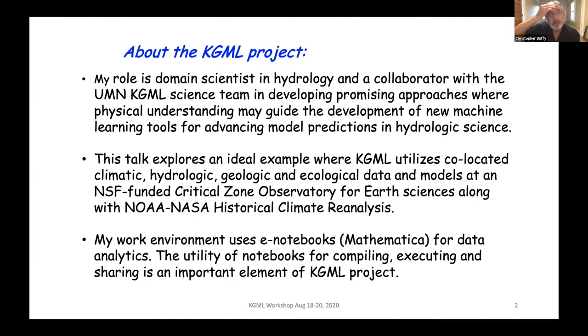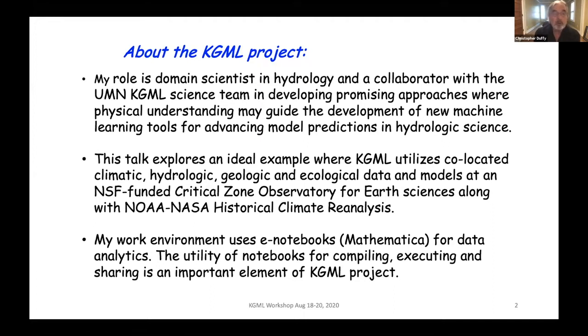I'm a modeler and a data analyst for hydrology for my career, and a collaborator with the University of Minnesota KGML science team in developing these new approaches to guiding physical understanding of hydrologic sciences.